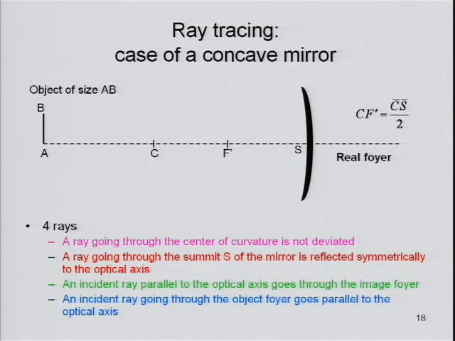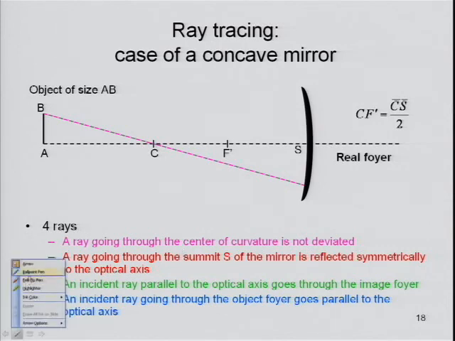So in order to find the image, there are 4 rays we can trace. The first one is that a ray going through the center of curvature, C, is not deviated by the system. So in other words, we have a first incoming beam going in this direction.